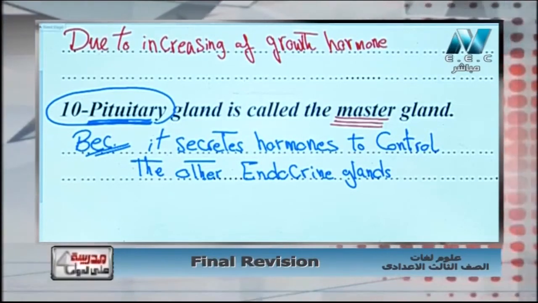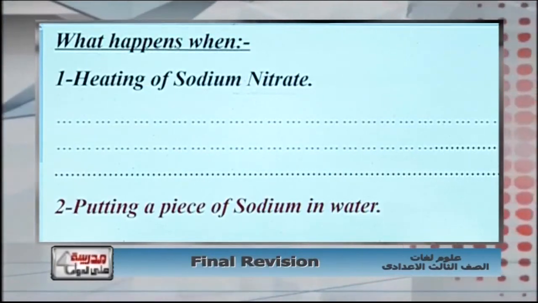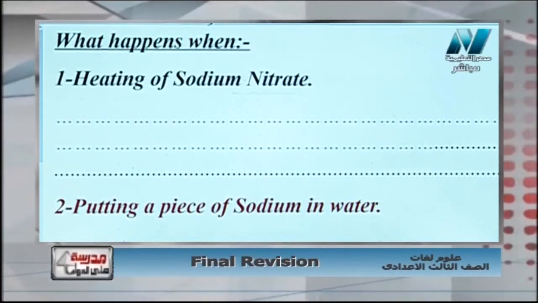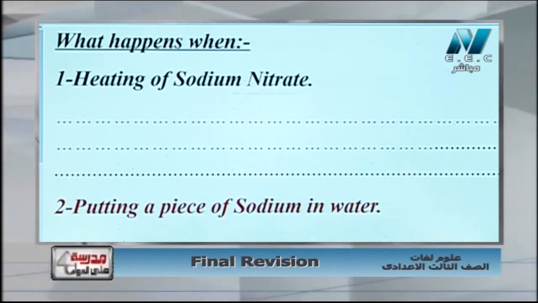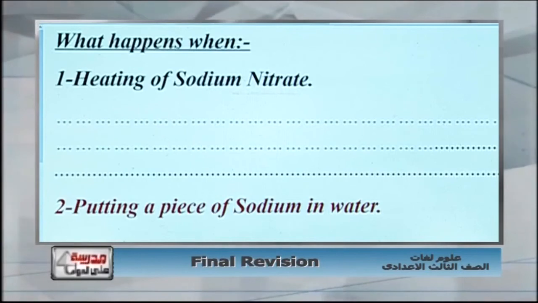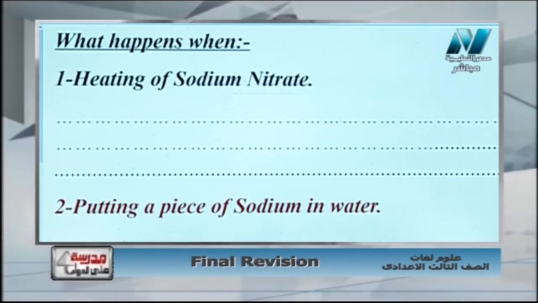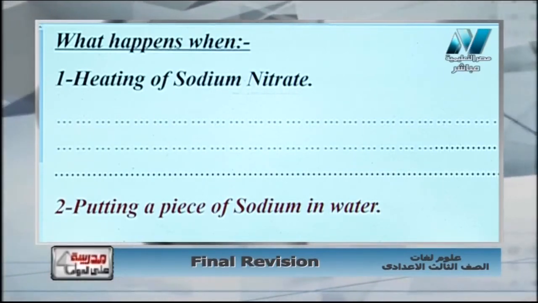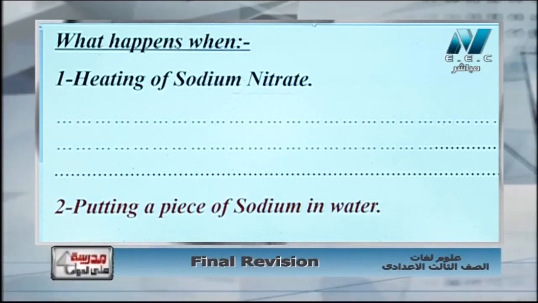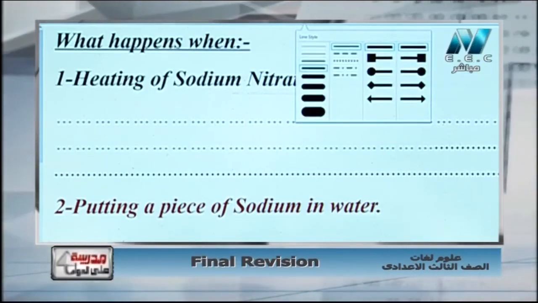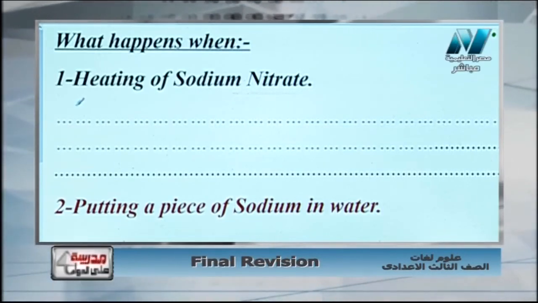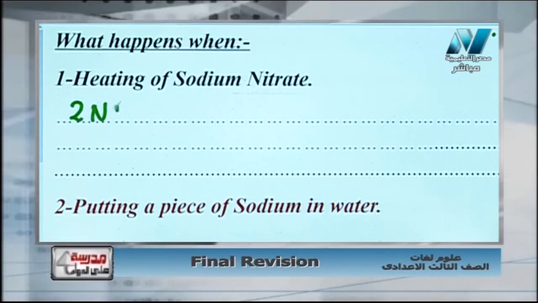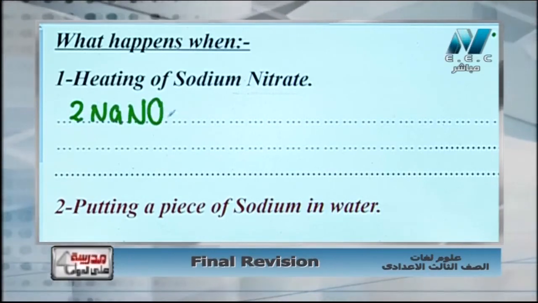Next question is what happens when heating of sodium nitrate. خلي بالنا بيقول what happens, and we talk about heating and we talk about thermal decomposition reaction, and we can answer by using what? By using the chemical equation. So the answer here, sodium nitrate, and we know the symbol here of sodium nitrate, 2NaNO3.